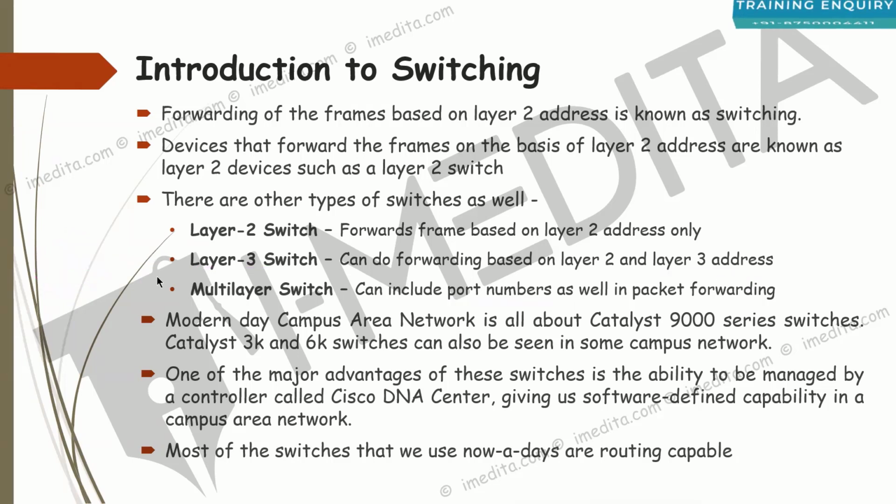This gives us a difference: on multi-layer switches we can perform NAT, but we cannot perform NAT on layer 3 switches, because layer 3 switches cannot utilize port numbers in their packet forwarding decision. So one of the most common differences you will notice between a layer 3 switch and a multi-layer switch is this NATing.